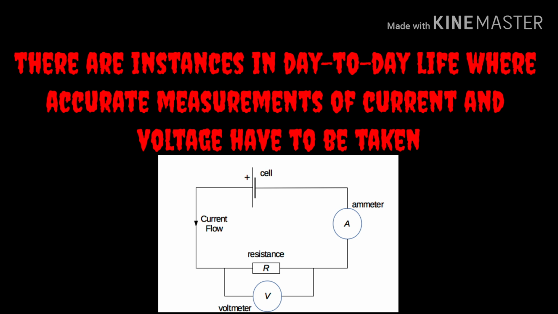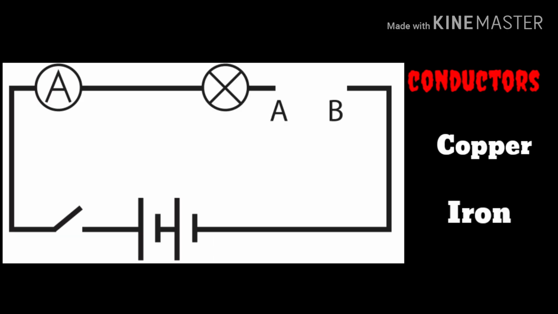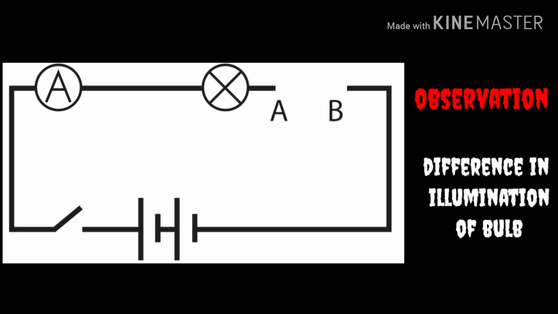To study the resistance of a conductor, we can set up this simple experiment. In the gap between the A and B terminals, we can use copper and iron wires. You know copper and iron are conductors, right? Because they are metals. When you use the copper wire, the bulb is brighter and the ammeter reading is also high.